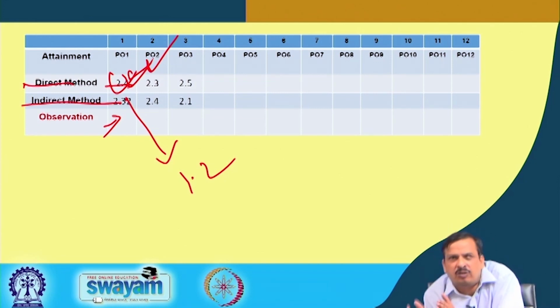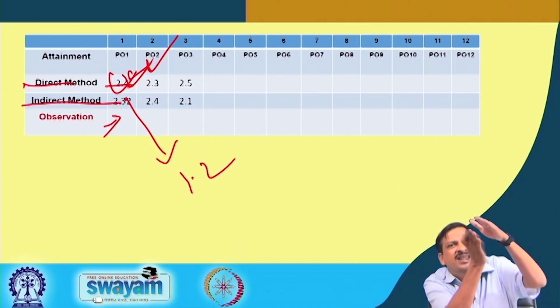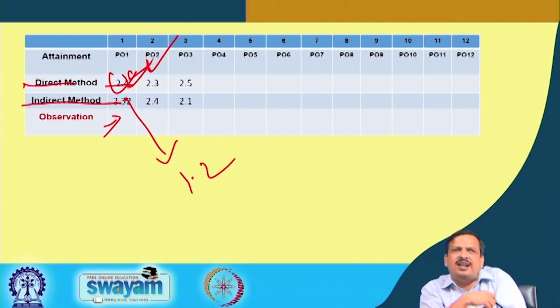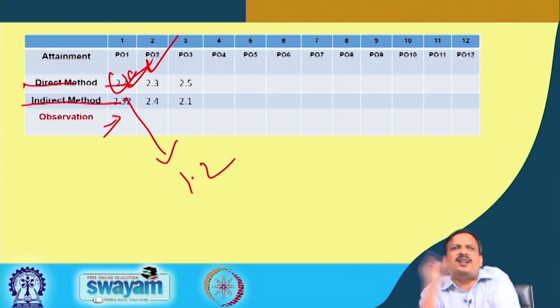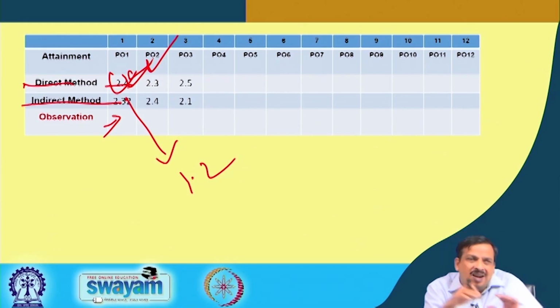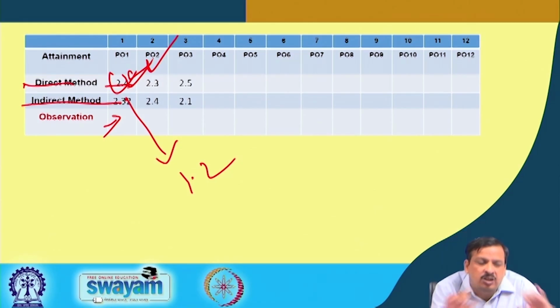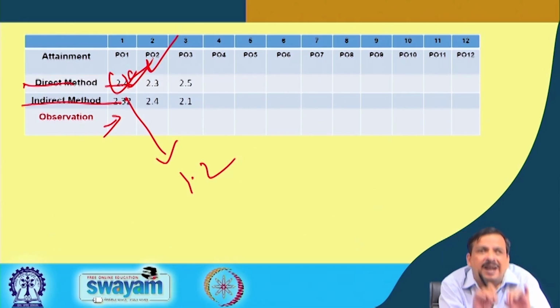If it is the electronics department, you have already specified this area has analyzing ability. But your employer says that they do not have the analyzing ability. That means there is a serious mismatch between the CO-PO mapping or between the CO and the test item. So, you can write down the observation of in which point you have failed.